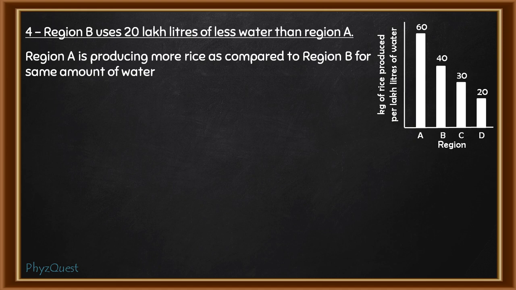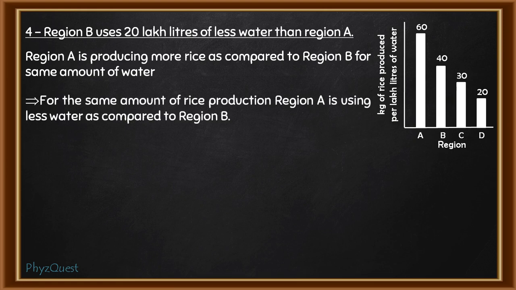So let us suppose we need to find out, to produce 1 kg of rice, the amount of water used by these two regions, region A and region B. Region A will need 1 by 60 lakh liter of water, whereas region B will need 1 by 40 lakh liter of water. Now 1 by 60 is less than 1 by 40.